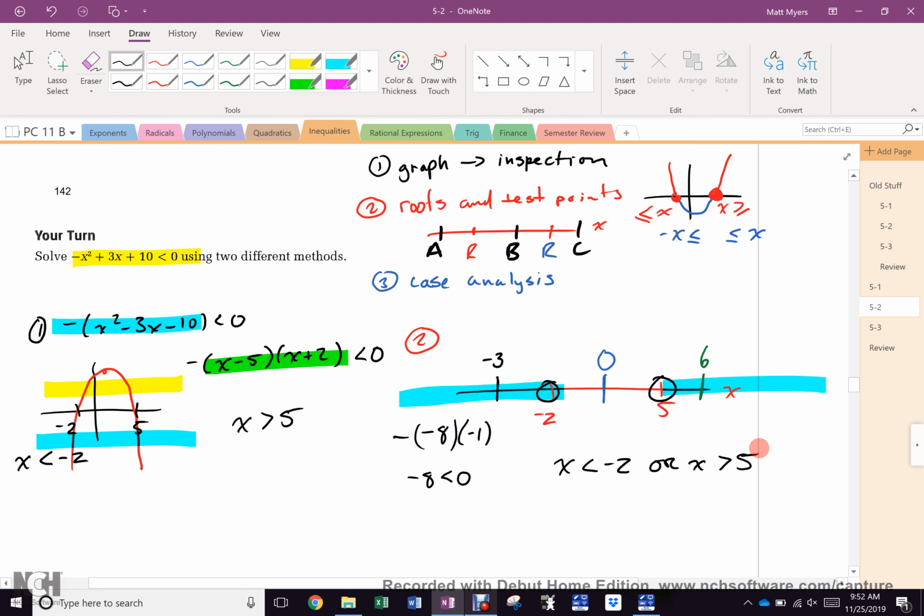Now there's a fancy schmancy way to write that out. X such that X is less than -2, or there's a symbol for or. I don't care. Nobody will care until much later. What they will care about is you understand the concept. Okay?